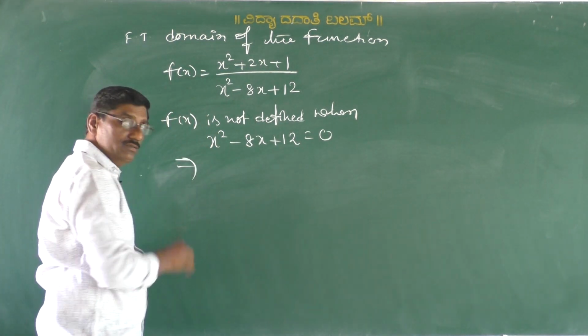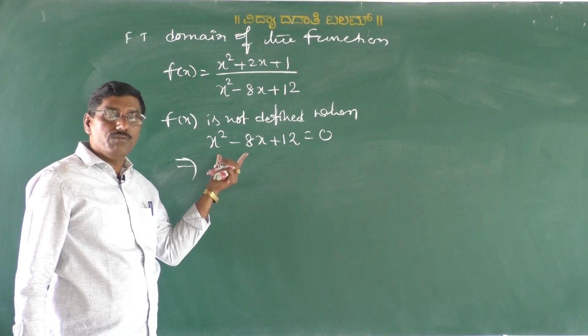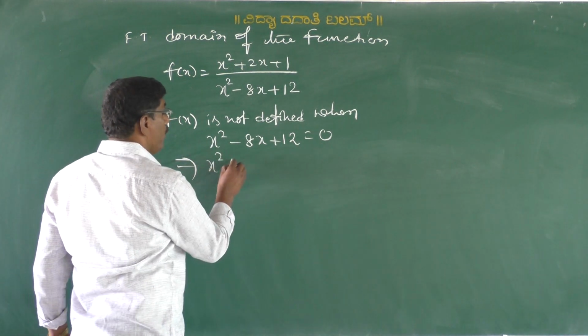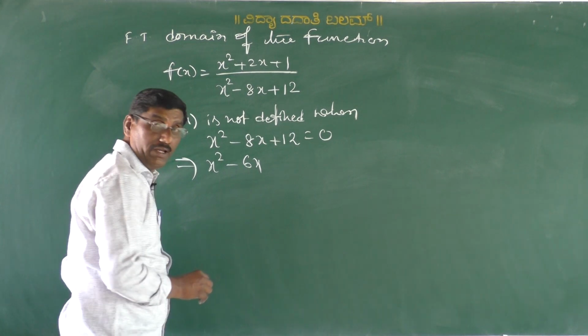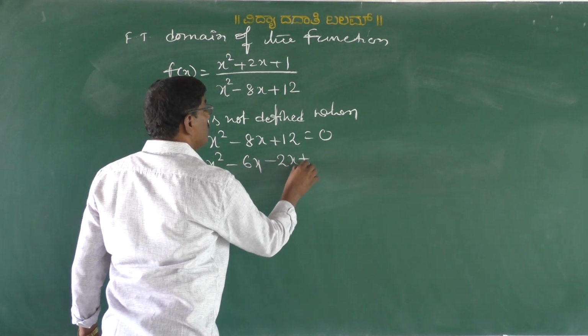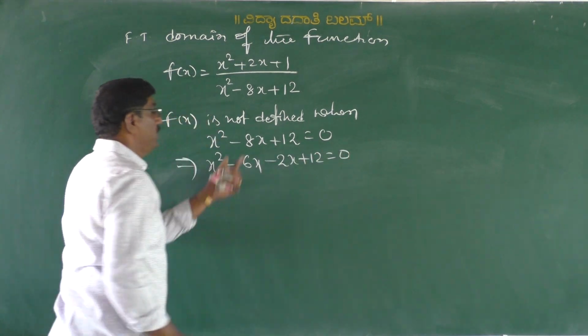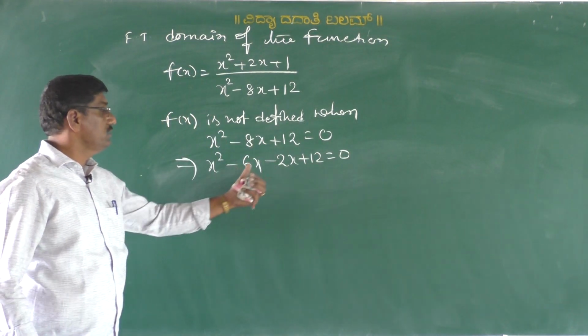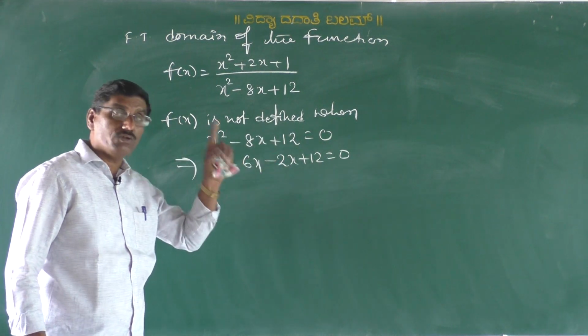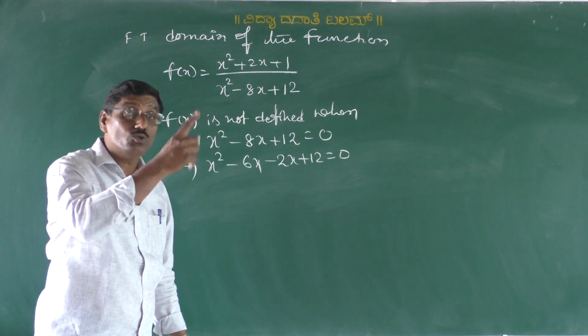That implies, the factors of this one, my dear students: x square minus 6x minus 2x plus 12 is equal to 0. That is splitting the middle term, minus 6x minus 2x is minus 8x, and if you multiply these two, we get 12x square, which is the product of the last two terms.